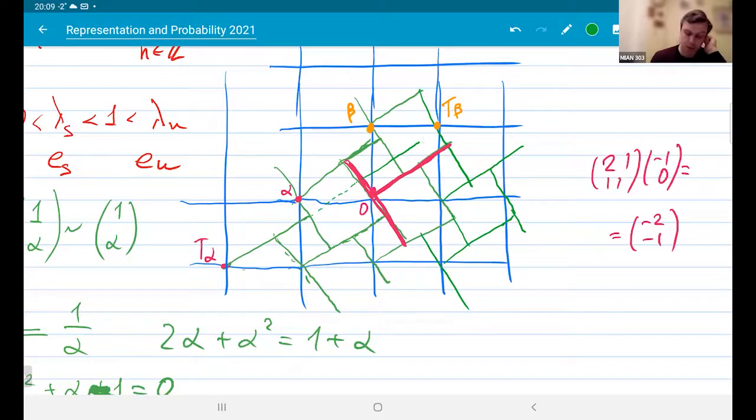У нас наклон этой прямой примерно 0,6, поэтому она дойдет до точки примерно 1,8. То есть вертикальную прямую x равно 2 она пересечет где-то в точке 1,8. То есть она придет вот сюда. Вот у нас образ.